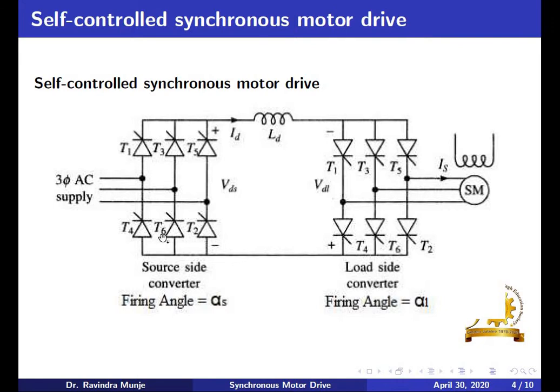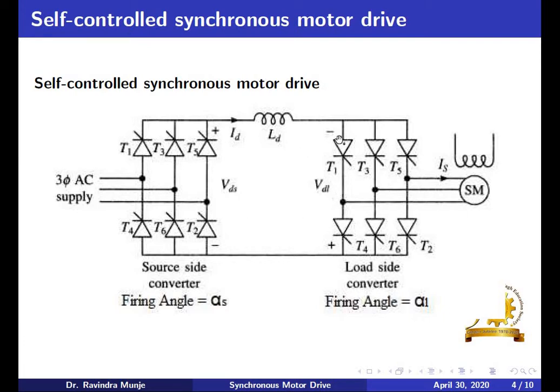Now this converter is connected to a three-phase AC supply input side, hence it is called as a source side converter, whereas this converter is connected to the motor and that's why it is called as load side converter. So in simple ways, this three-phase supply is converted into DC here with the help of source side converter.